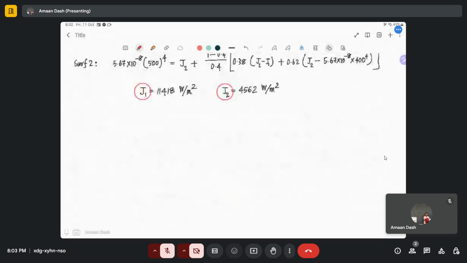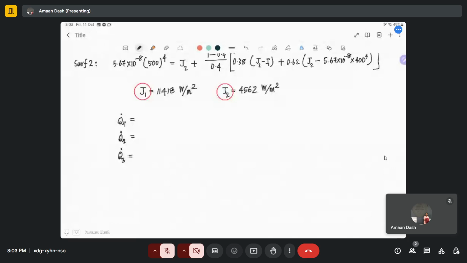So this will be J2 minus J1, and this will be J2. And here we will be having F2 to 1. What is F2 to 1? This is nothing but 0.38. And here we have F2 to 3.